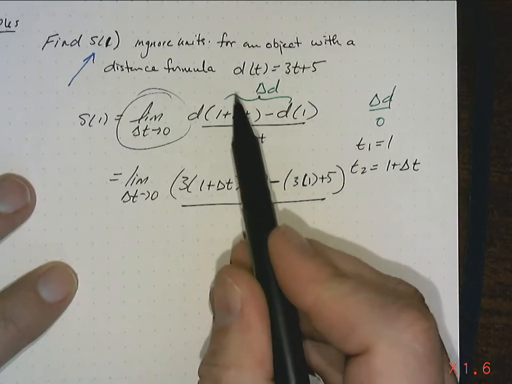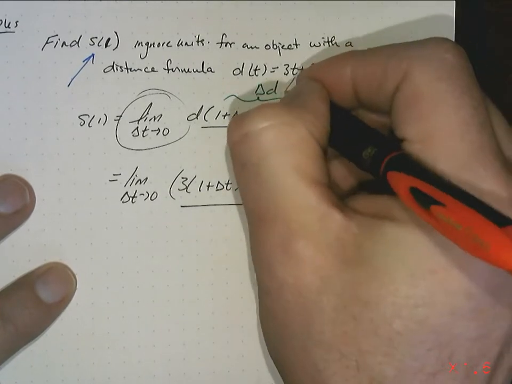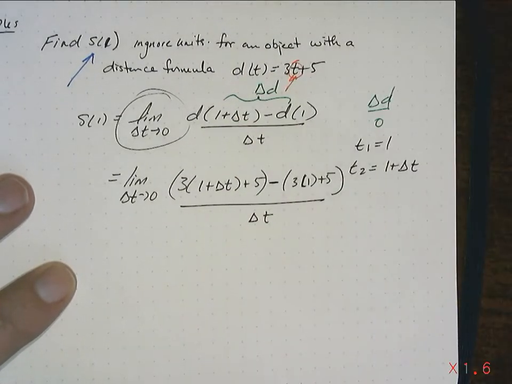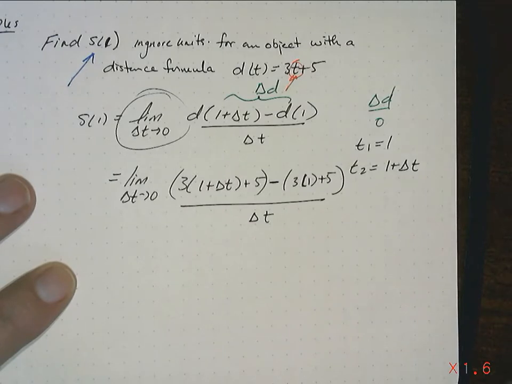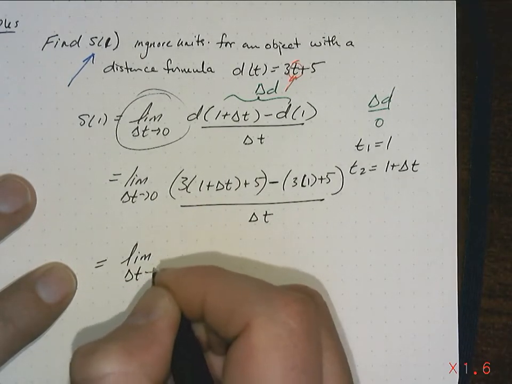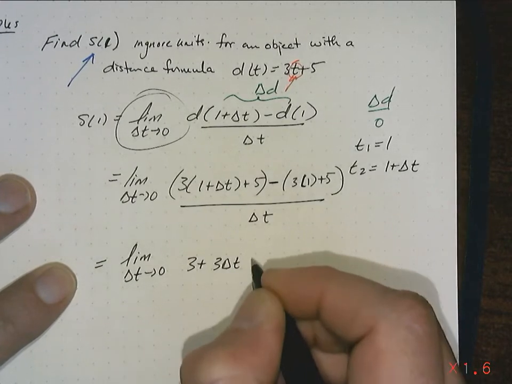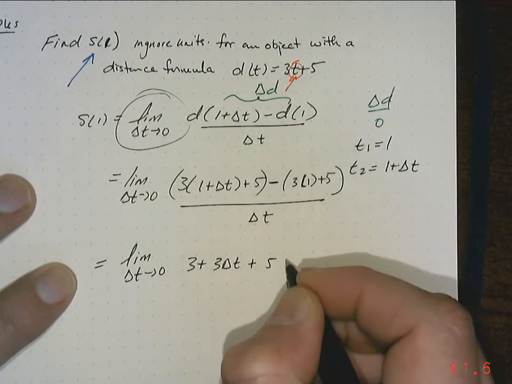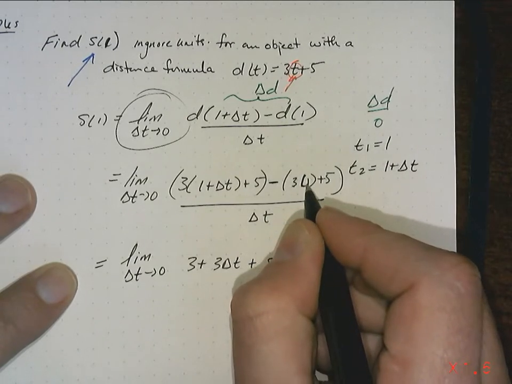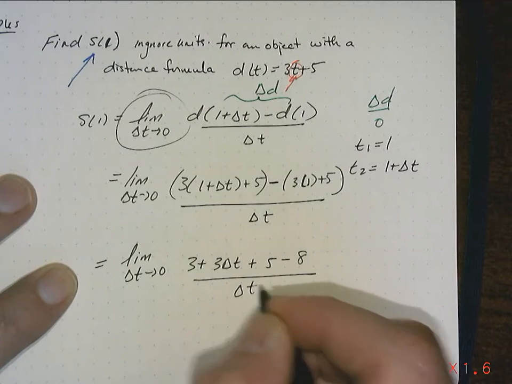So we're taking the 1 plus delta t and we're plugging it in for the t value in the distance formula. So now we work this out. We work out the limit as delta t approaches 0 of 3 plus 3 delta t plus 5 minus, now 3 times 1 is 3 plus 5 is 8, so it's minus 8, over top of delta t.